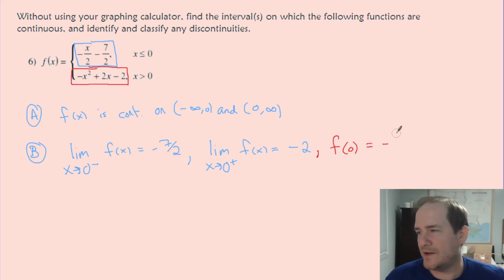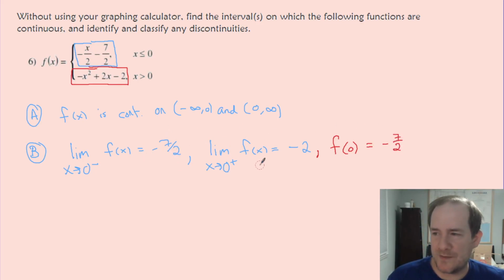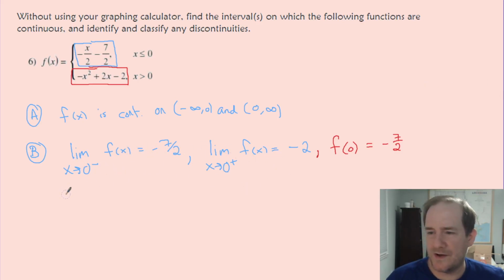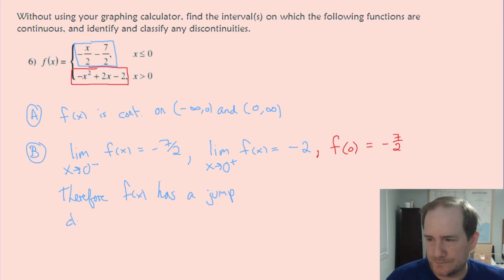That's really completely irrelevant, and you don't need to say it, because as soon as you have two limits that both exist and both are finite but they're different, we can now safely say that since these limits exist and are different, therefore f of x has a jump discontinuity at x equals 0.